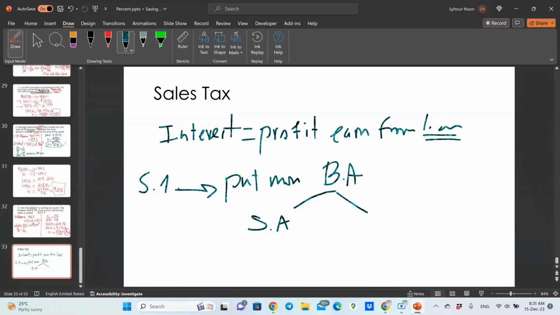When we put money in the bank account, we have two types of account. The first one we call a savings account, meaning you can withdraw the money back anytime. Today I put it in, in the evening I take it back, it's up to you. Let's say today I put $10,000, but the next day I take out $1,000, later I take $500 out.